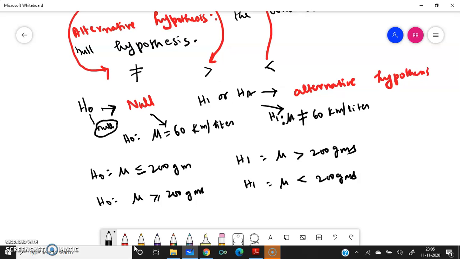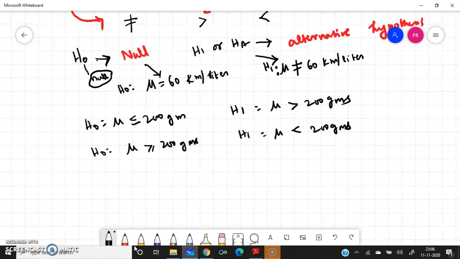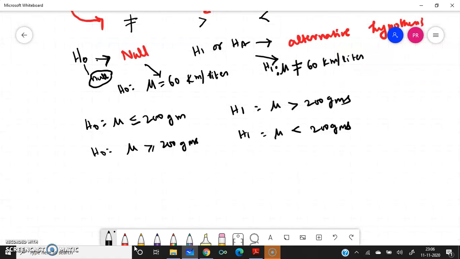So null hypothesis is a hypothesis which is tested for possible rejection under the assumption that it is true. So it's very important. What is the definition of null hypothesis?